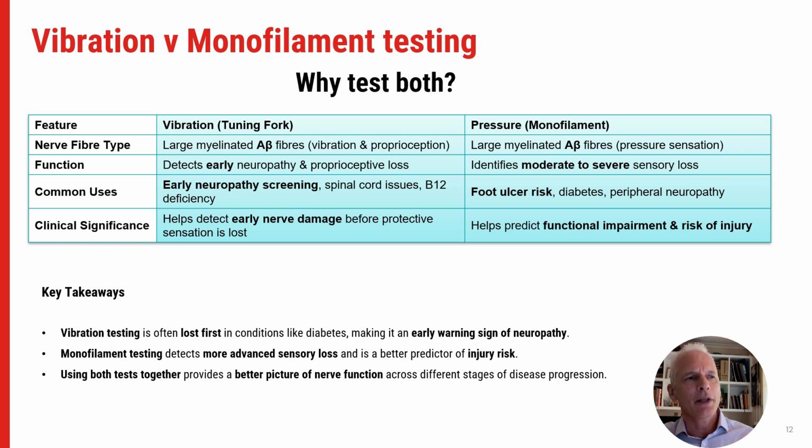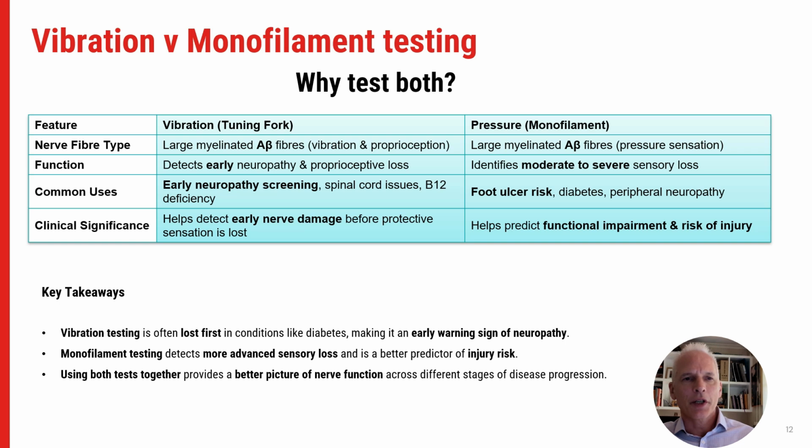However, vibration has been shown in a lot of cases to start to disappear earlier than pressure sensation. So vibration has been shown to detect early neuropathy, and as I'll mention in another slide a little later, this can also be associated with proprioceptive loss. I'll explain that in just a little while.